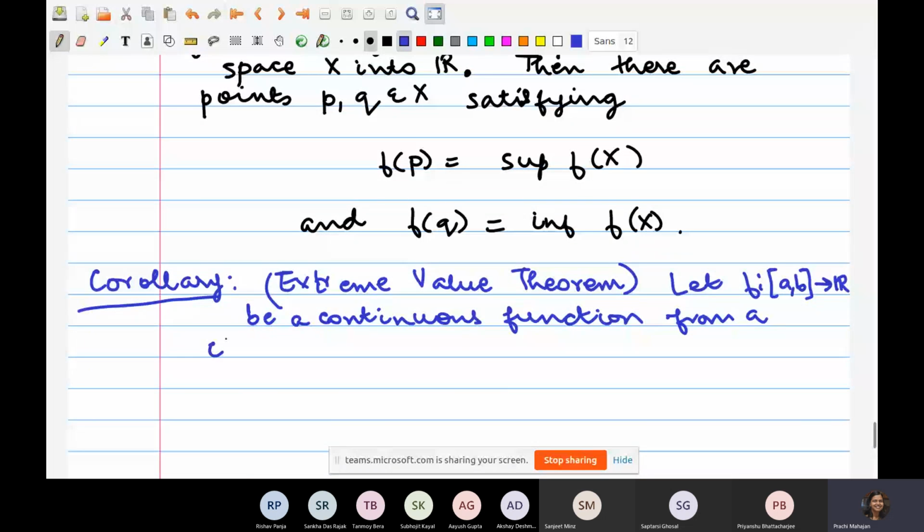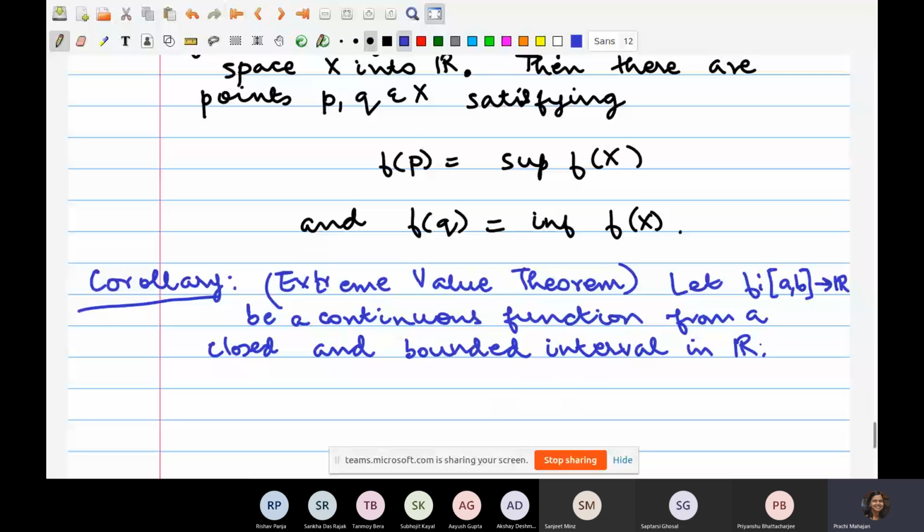So instead of an arbitrary compact metric space, I am now looking at a function defined on a closed and bounded interval in R. These are compact sets in R. This is what we have already done.